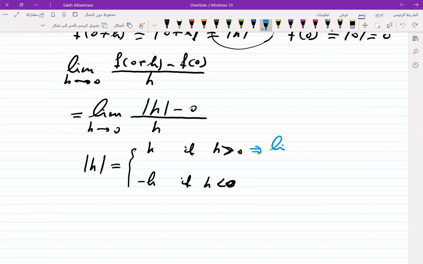So the limit as h goes to 0 plus will be h divided by h. We just define this as equal to h if h is positive or minus h if h is negative. And the right limit in this case, if h is greater than 0, will be h over h, which is equal to 1.